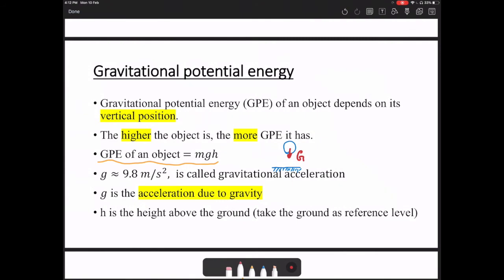Can we calculate the work done by gravity? Yes, work done by gravity equals force times displacement. F stands for force, S stands for displacement. Now, this F is actually gravity, right?